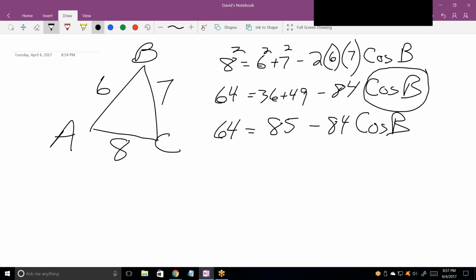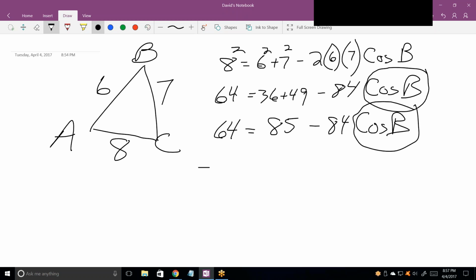What's the next step? Would you get it on one side? What's the next line in this equation to solve for B? Same with every equation. You're always trying to isolate that. That means you got to get rid of anything else that's with it. So first you subtract the 85.